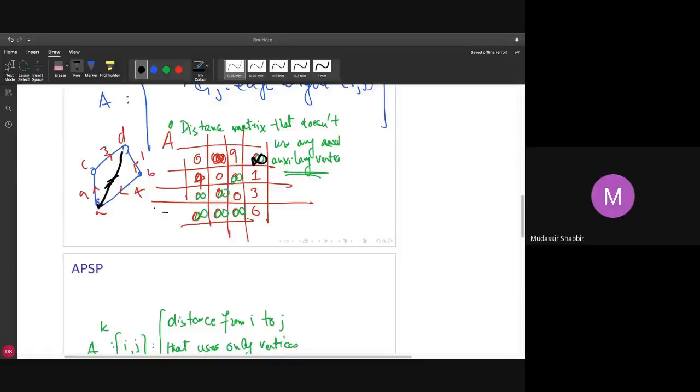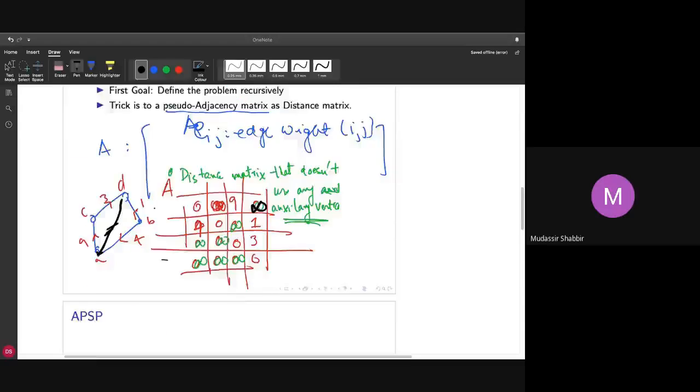So that's it. This is the pseudo adjacency matrix, which represents the distance between two vertices if they have an edge between them. Otherwise, it does not. And the distance from a vertex to itself is 0 by definition, as we had before. So far so good.